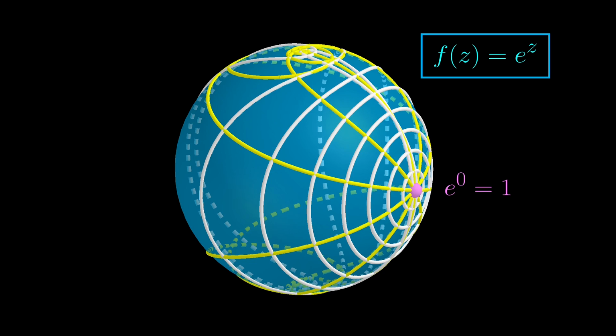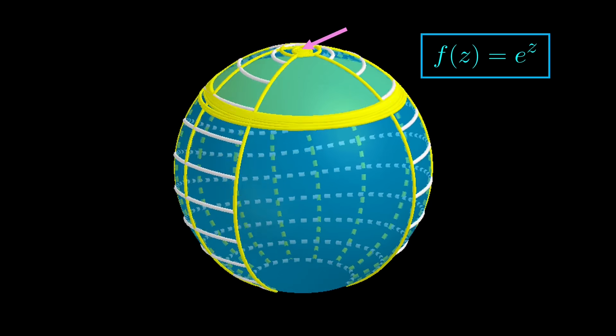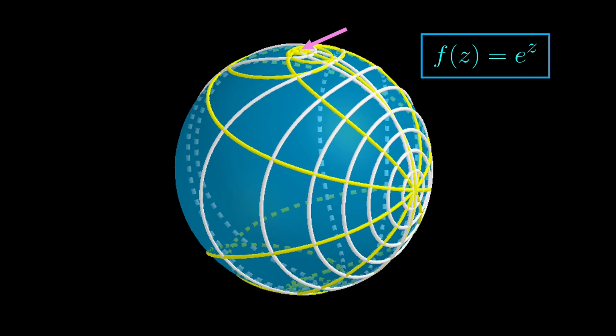The other thing is to notice where points near the North Pole go. You can see that it goes everywhere. It is quite chaotic, and that's because infinity is what's called an essential singularity of the exponential function, but we are getting way ahead of ourselves here.